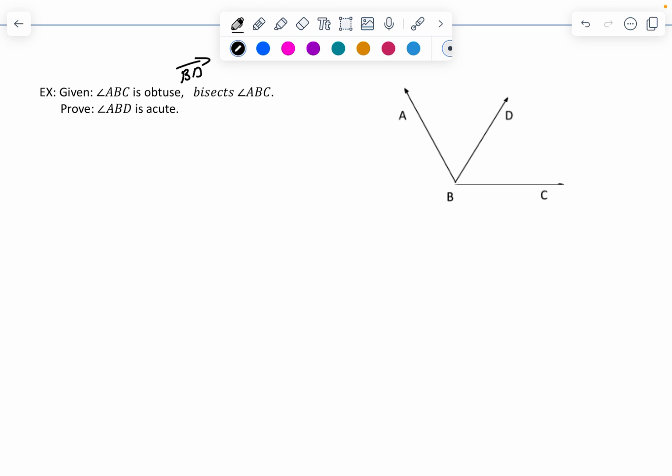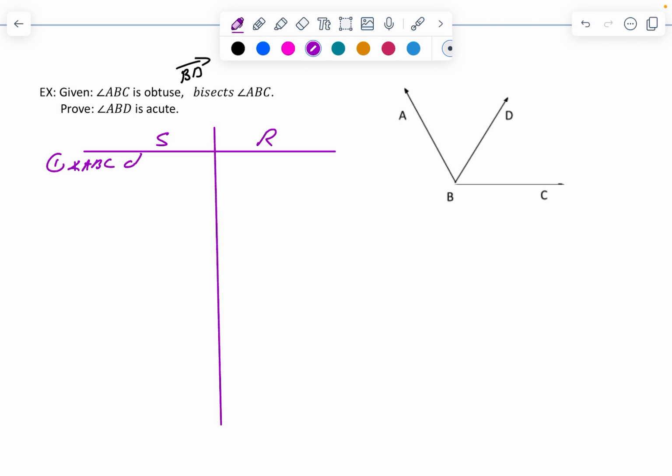So let's start with our given. Statements, reasons. So we have angle ABC obtuse, ray BD bisects angle ABC.